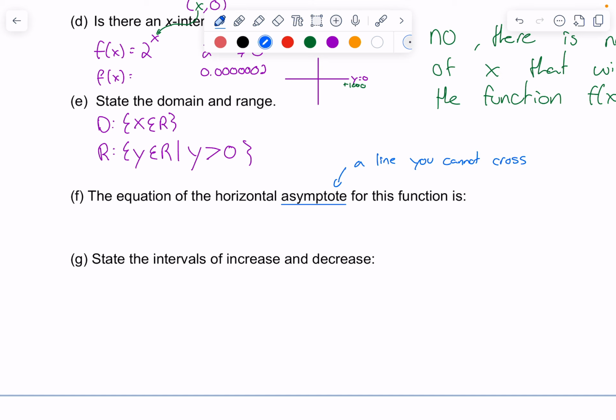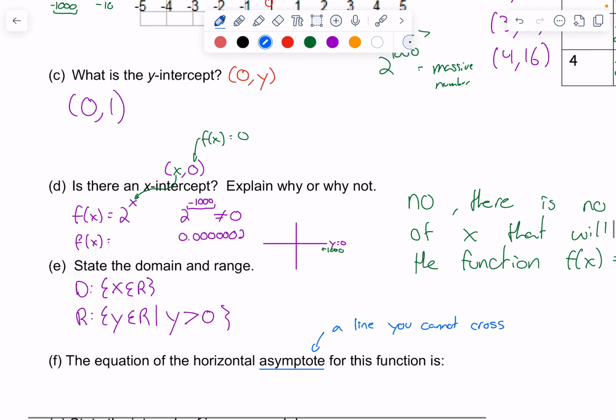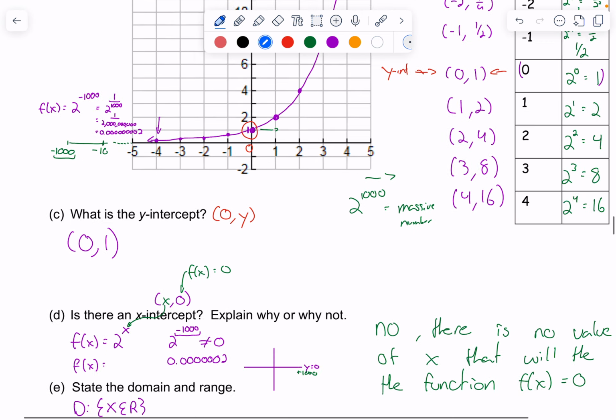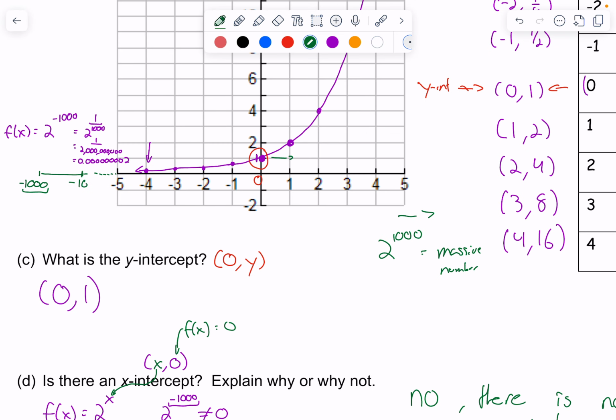In this graph, we cannot cross this black line right here, because if we cross that, we are in the negative space.